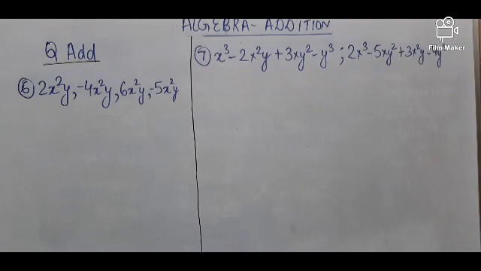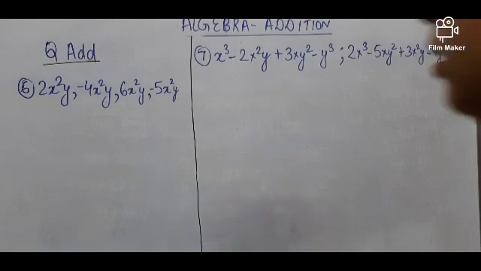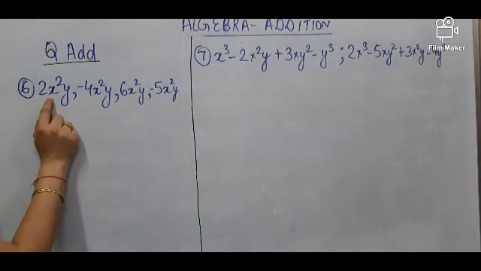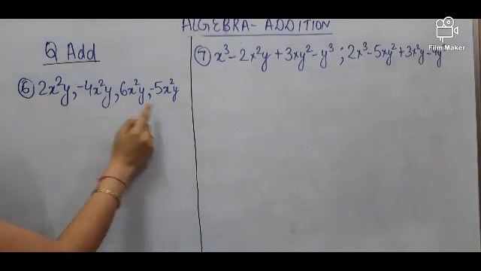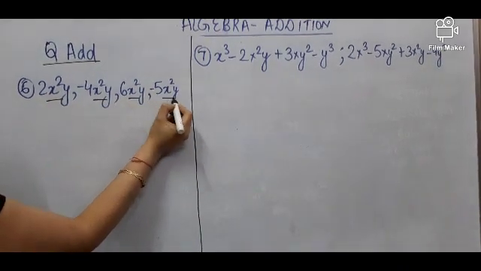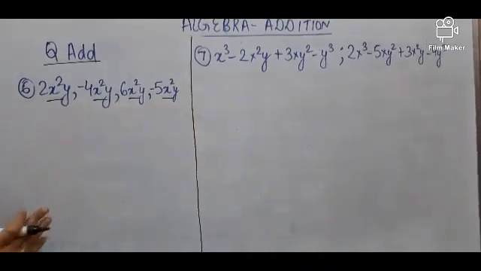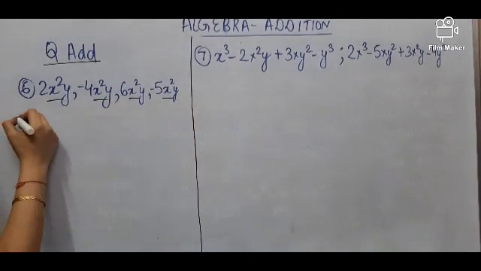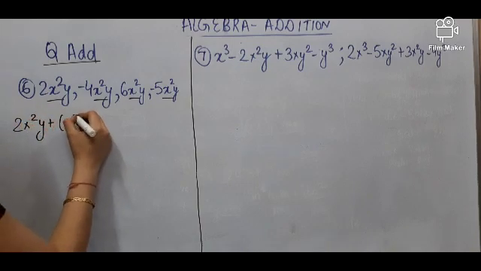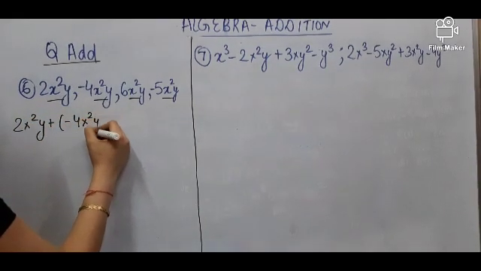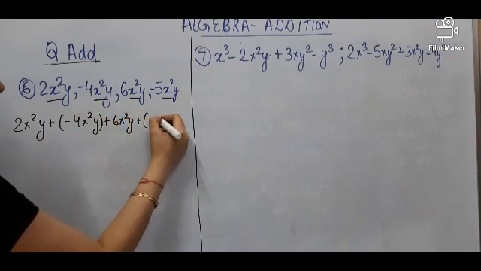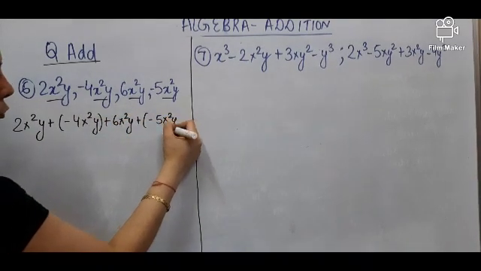Question number 6. In this question we have 4 terms, and we can see that all terms are like terms: x square y, x square y, x square y and x square y, but some are positive terms and some are negative terms. So let's add them all up. 2x square y plus negative 4x square y plus 6x square y plus negative 5x square y.